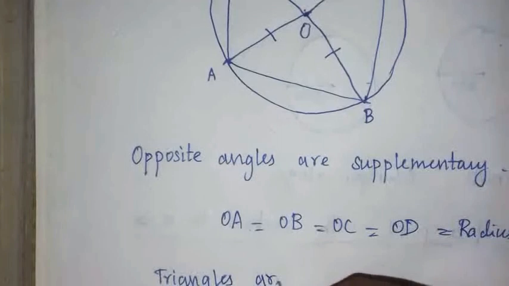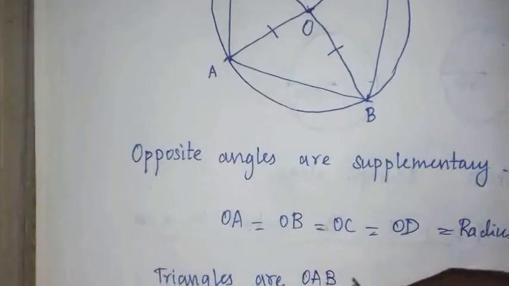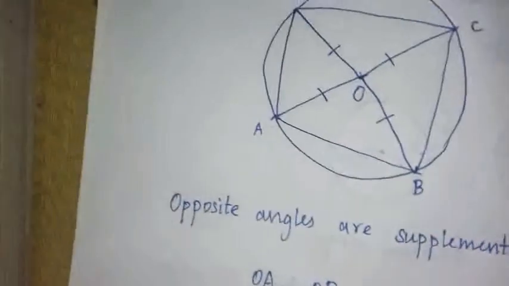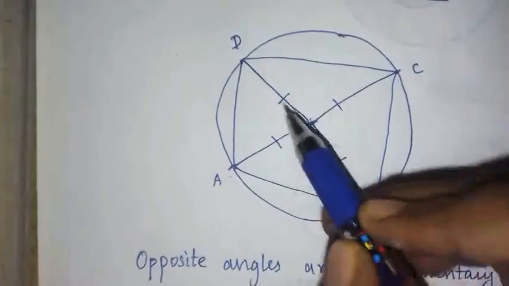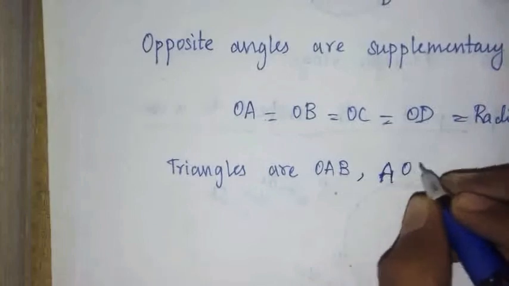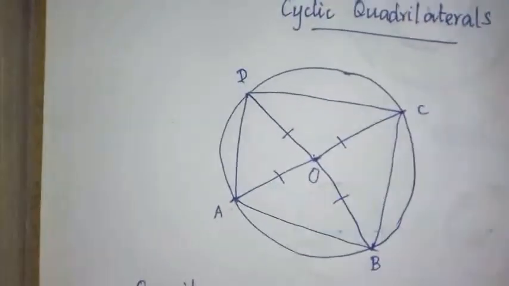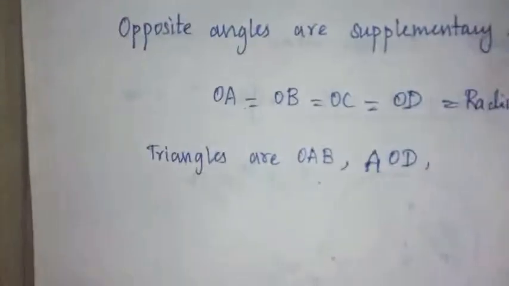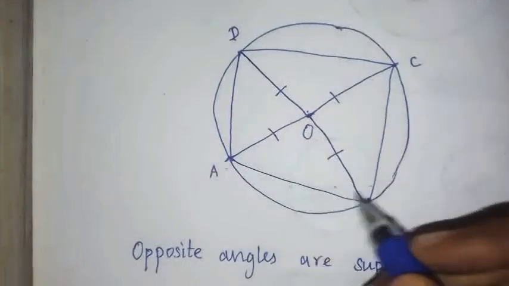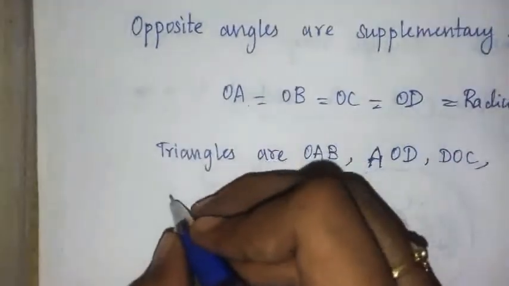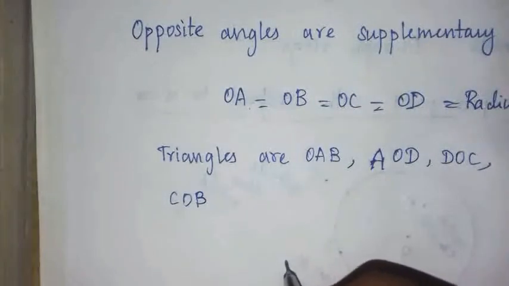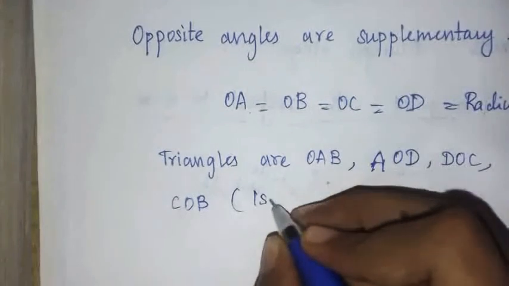OAB, AOD, DOC, then COB. So we got 4 triangles. These 4 triangles are isosceles triangles.